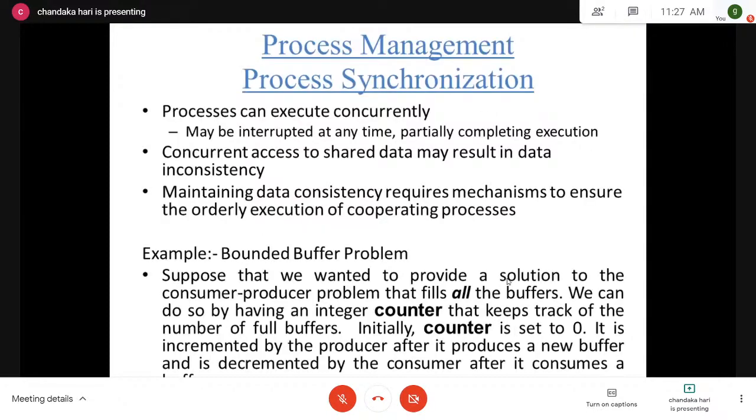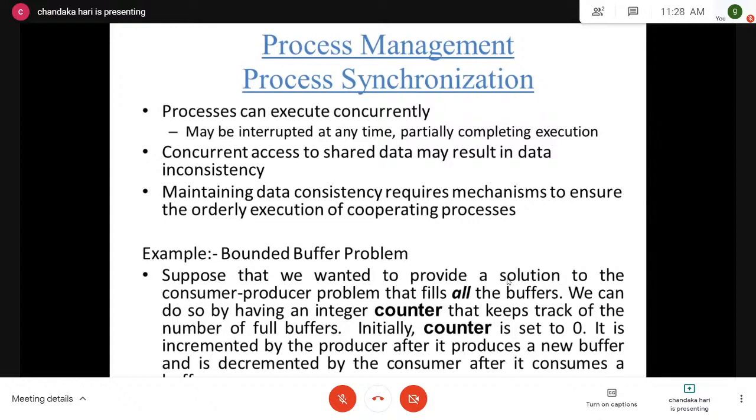Now we'll go into process synchronization. So what do you mean by this?